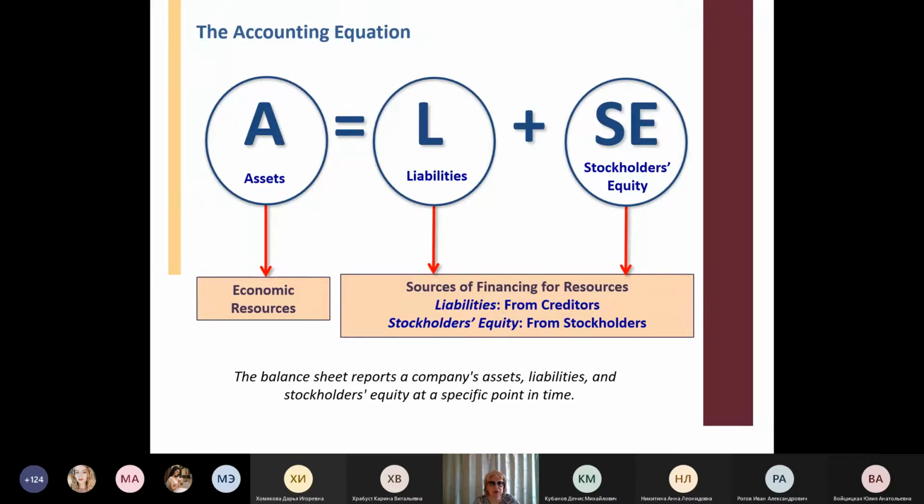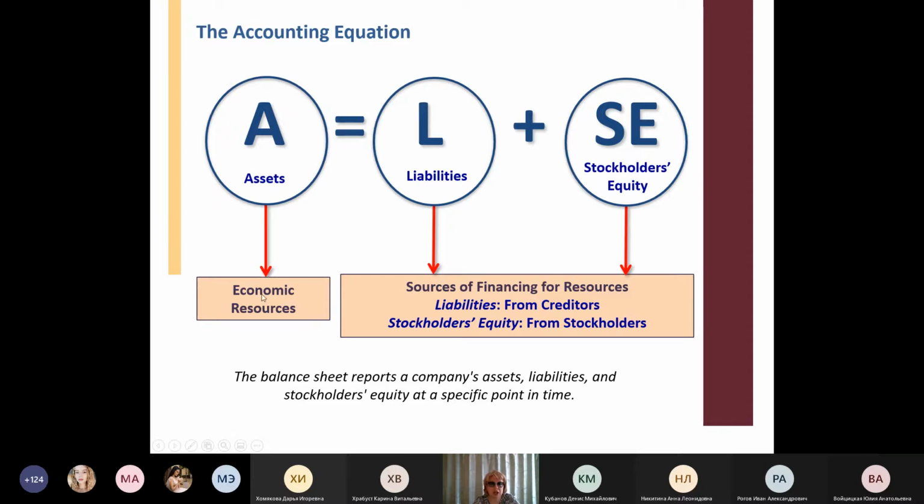What is important in the theory of accounting, of course, is the main accounting equation, which we also call the financial position. What does financial position mean? These are the economic resources available in the company. And of course, all resources always have sources. This is why we say assets are always equal to liabilities and stockholders' equity.